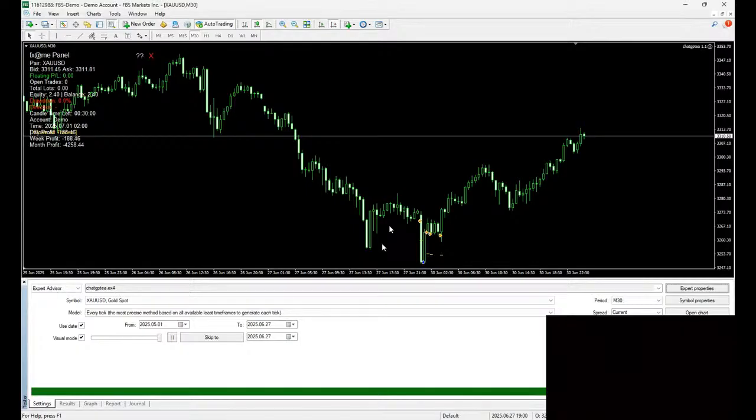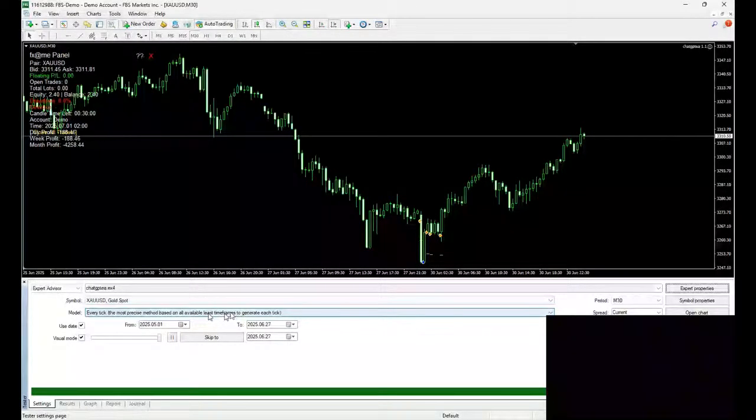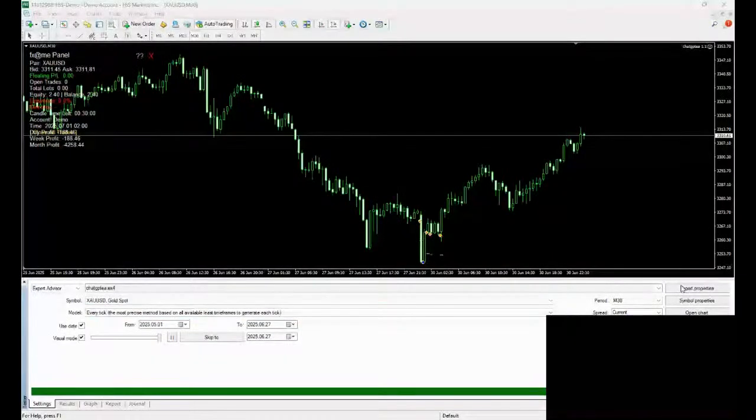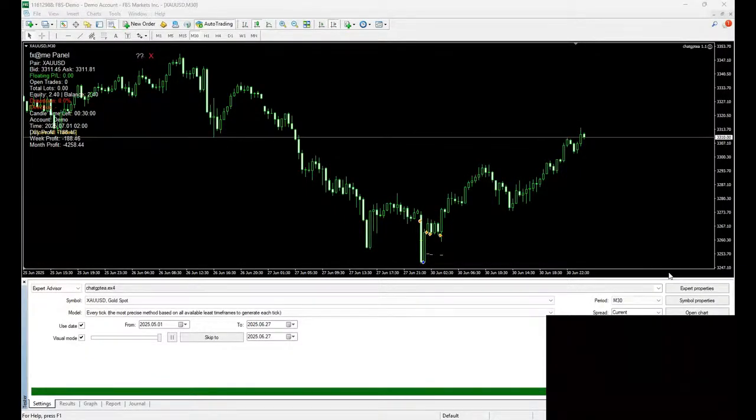Perfect. Now I will be launching the bot. For example, I want to be sure that the bot will work on a minimal account and that the bot will do well on a $100 account.